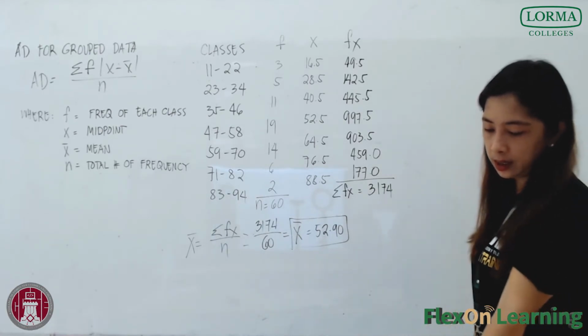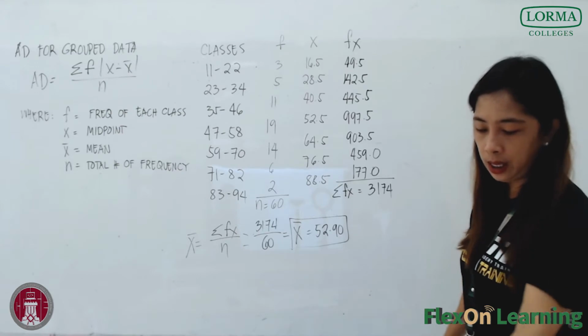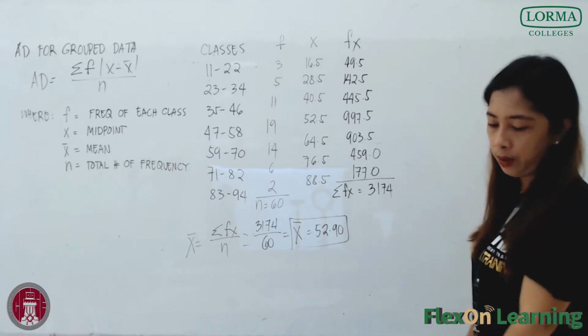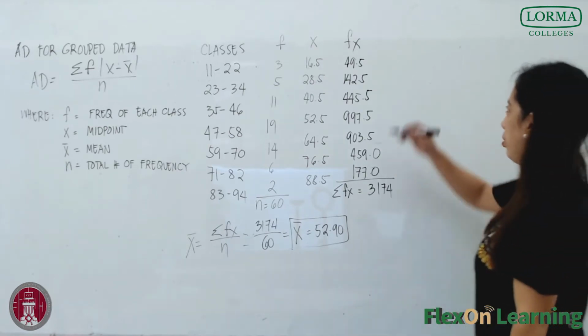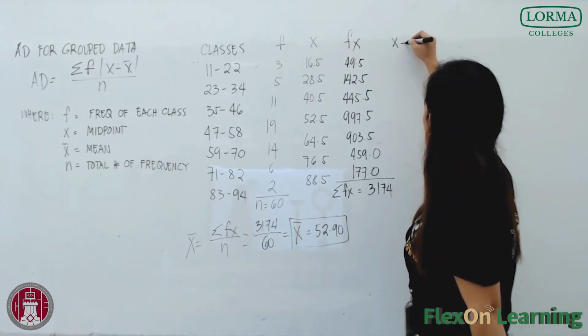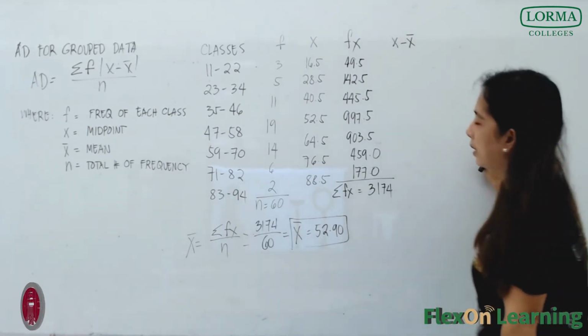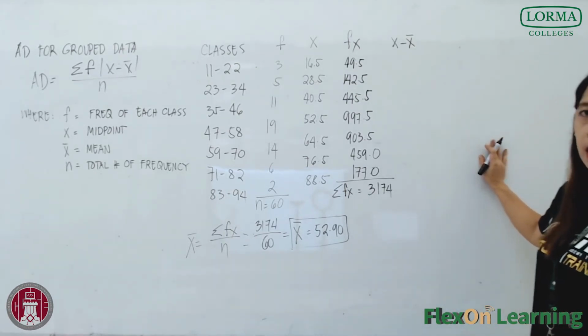Now, in getting the average deviation, we have to construct the deviation. So we have the midpoint less our mean, same as with the ungrouped data a while ago.